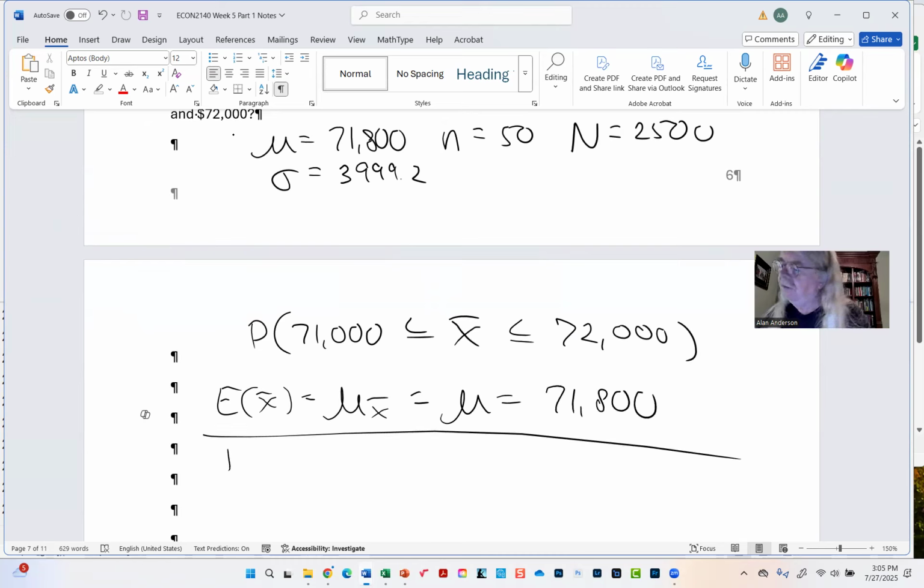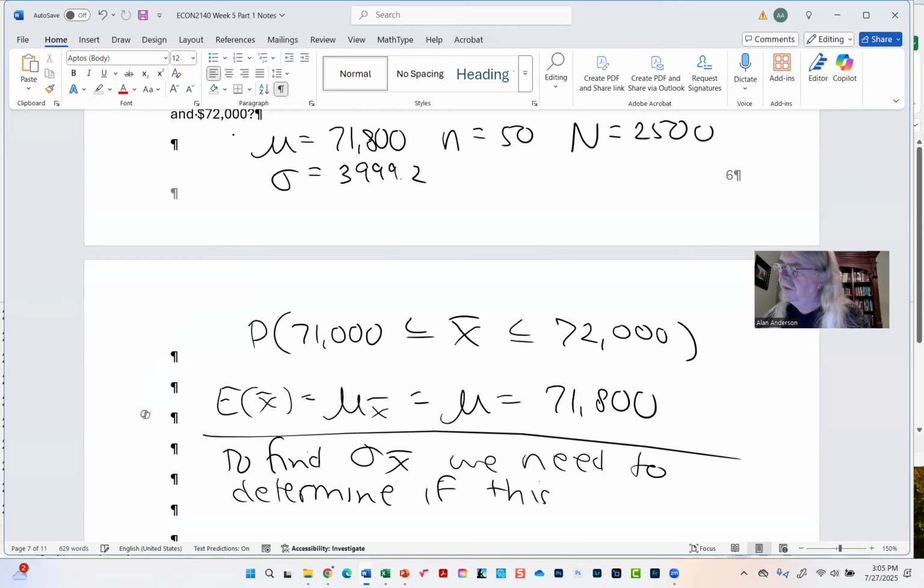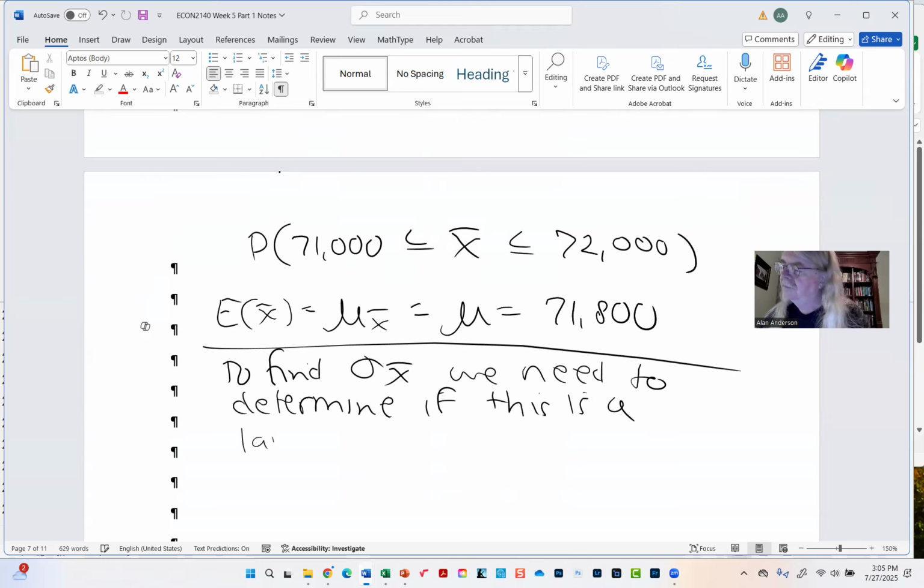Now for here, we need to determine if this is a large or small sample. All right, so remember the cutoff point for small is here.